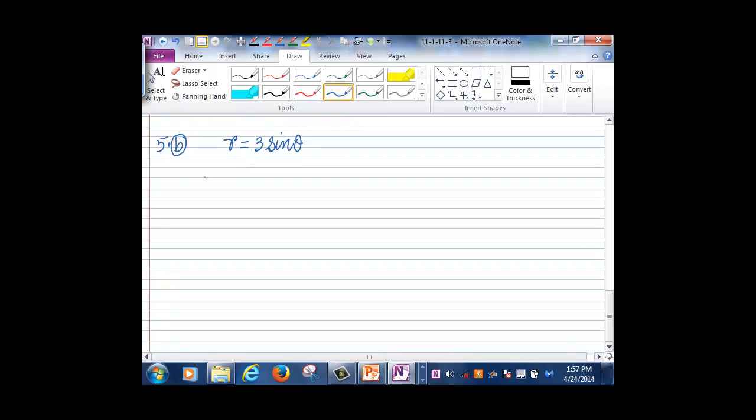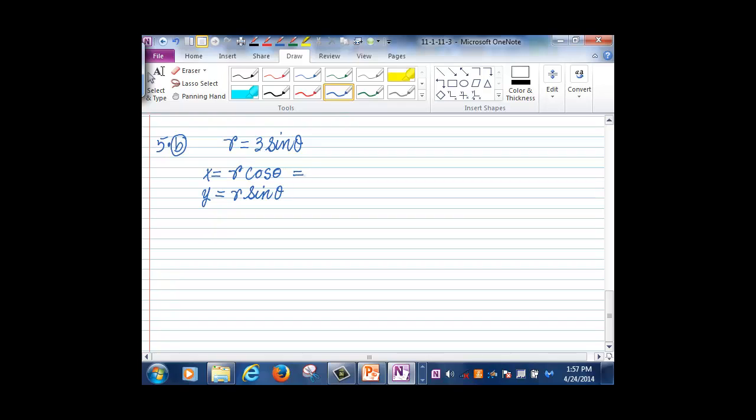So remember, what was the trick for this? You have to express the curve first of all parametrically. That is, you have to write out x as, remember, x is r cosine theta, and y is what? r sine theta.